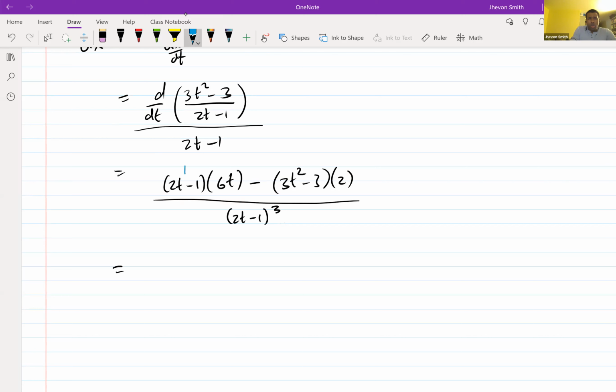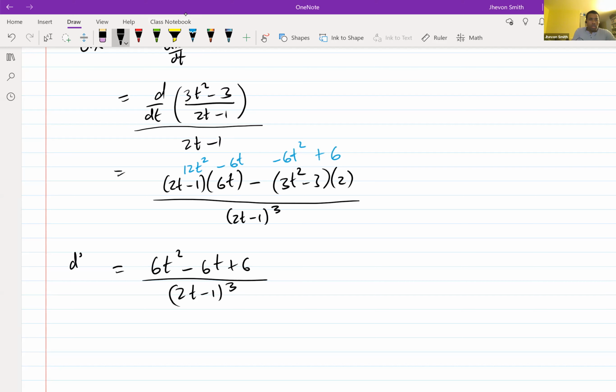So this here would be 12t squared minus 6t. This would be minus 6t squared plus 6, looks like. And so the derivative here is going to be 6t squared minus 6t plus 6 over 2t minus 1 cubed. And that, ladies and gentlemen, is our second derivative.